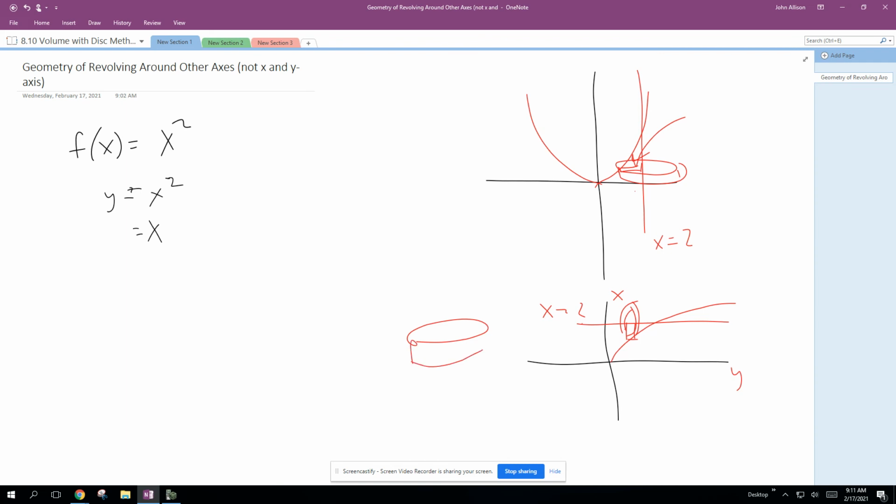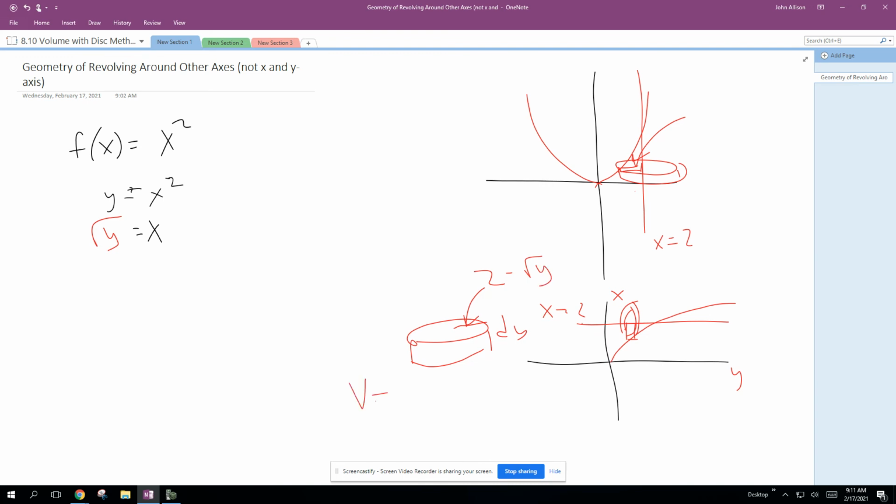So we'd end up with a disk that looked like this with height dy this time because we're perpendicular to the y-axis. And the height here would be x equals 2 minus the square root of y. So the radius of this disk would be 2 minus the square root of y.